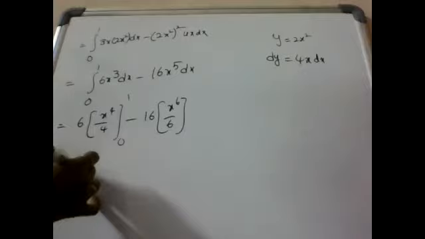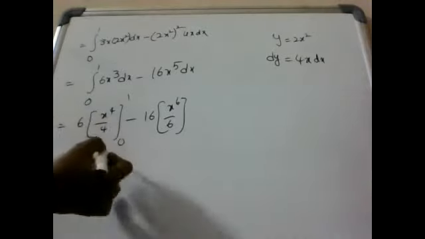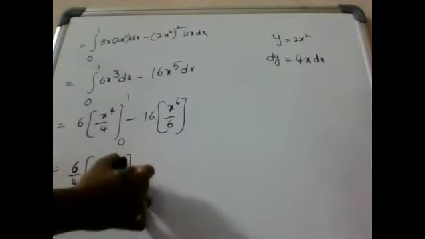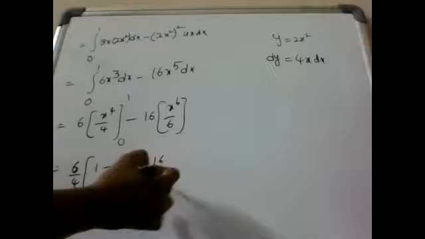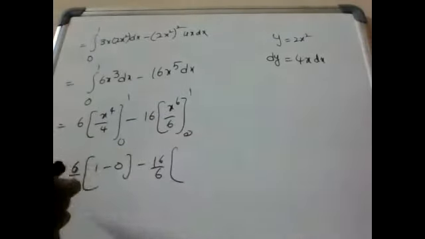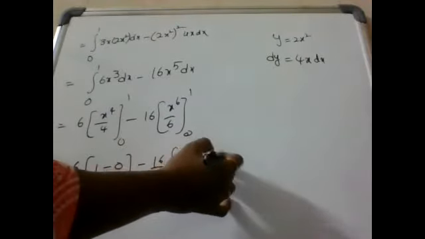So 6 by 4, x power 4 means 1 power 4 minus 0, lower limit, minus 16 by 6, x power 6, limits here also 0 to 1. X power 6 means 1 power 6 minus 0 power 6 means 0.